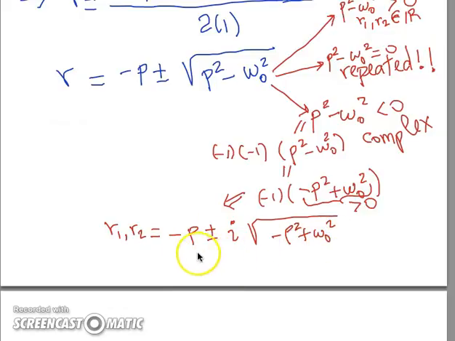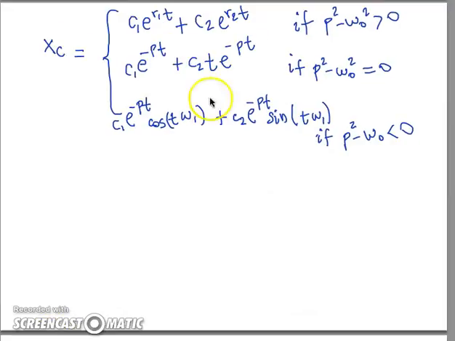So in that case, minus p is the real part, and the imaginary part involves the square root of this quantity. In such case, we're going to have to write solutions in terms of cosine and sine, with an exponential, as we'll see in just a minute.